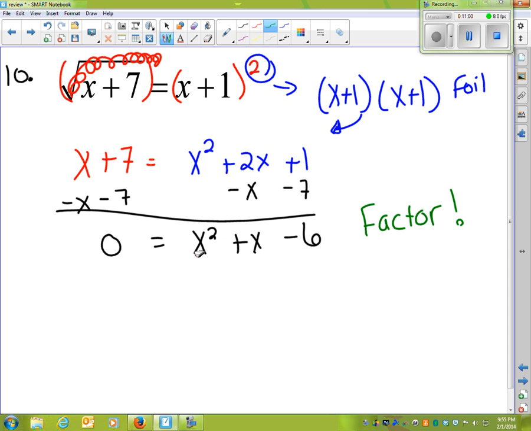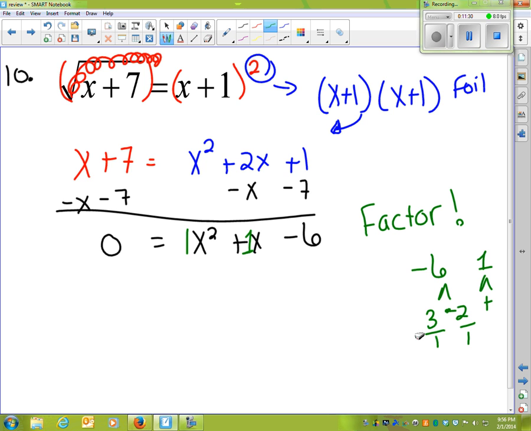I took a times c, a is 1, times negative 6. What multiplies to give me negative 6, and adds to give me positive 1? And that positive 1 came right here from the b term. I would do 3 times negative 2, divide it by your a term, which is just a 1, and you can set up your answer.